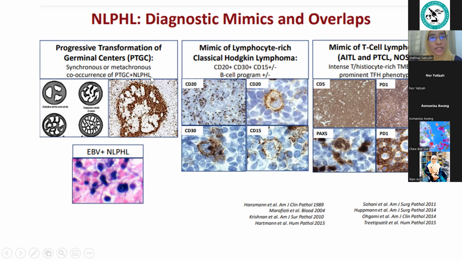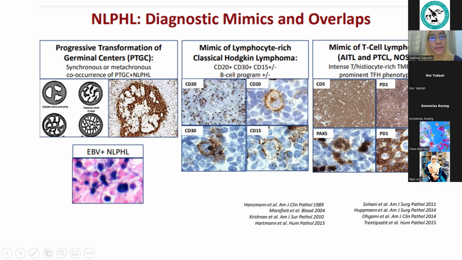So when we do the tissue assessment, we need to look for areas with PTGC component and look for the LP cells. Both have irregular expanded follicles with disruption of the germinal center as well as the mantle cell areas.